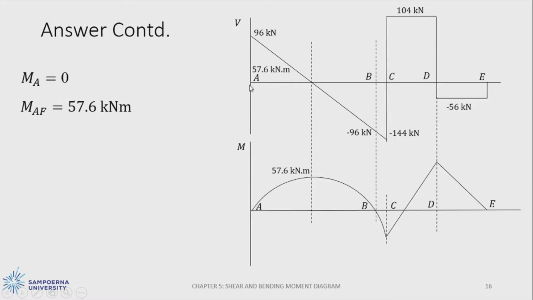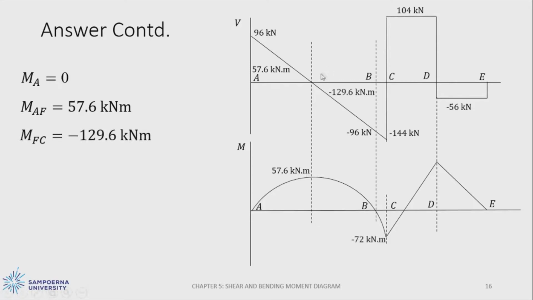Then from A to F, we have 57.6 kilonewton meter for the area below the graph, and it will be the value at point F here as the peak, which is 57.6 kilonewton meter.